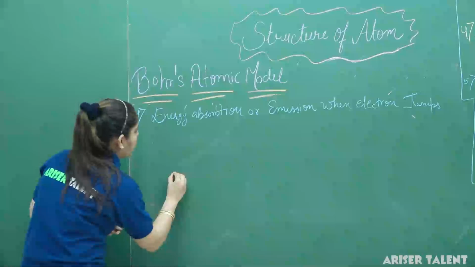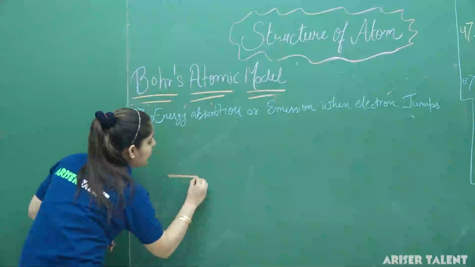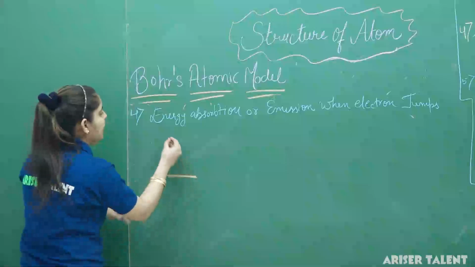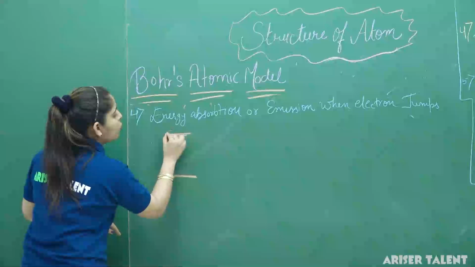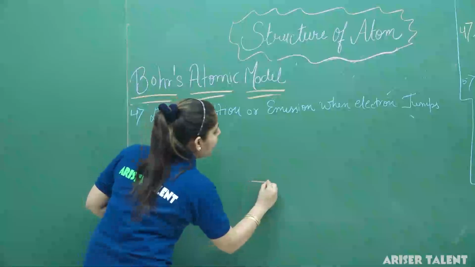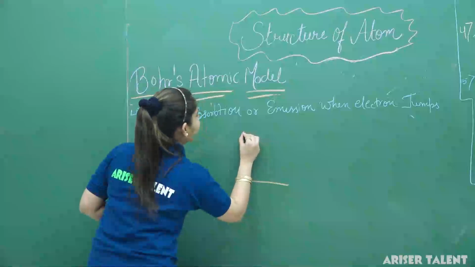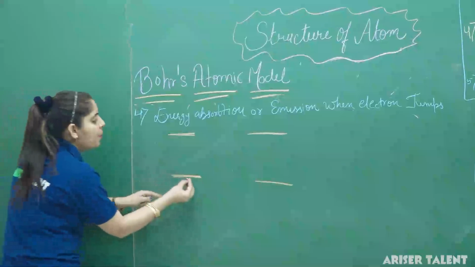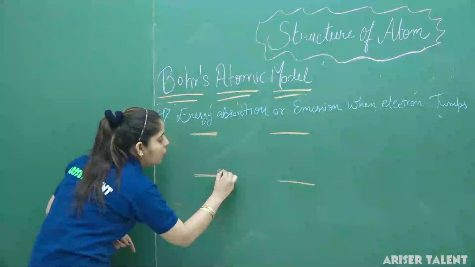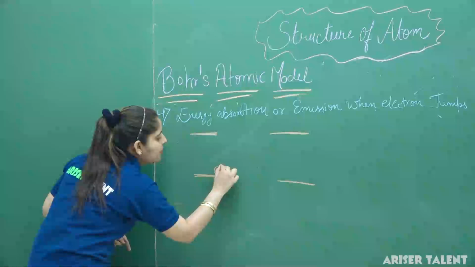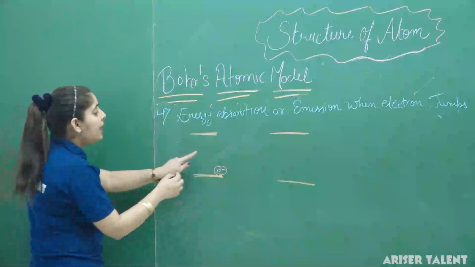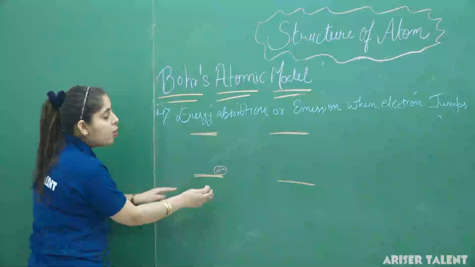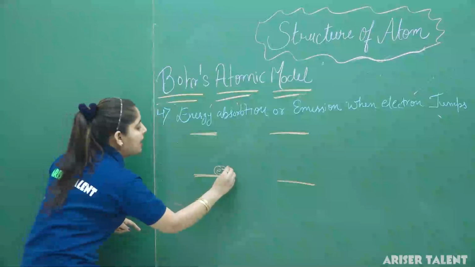Suppose we have a shell over here. This is the lower ground state and this is the uppermost shell. Again we have the lower state and here it is the uppermost shell. Now what we will see here, suppose we have an electron in the ground state, and the electron will jump from a lower energy state to a higher energy state.